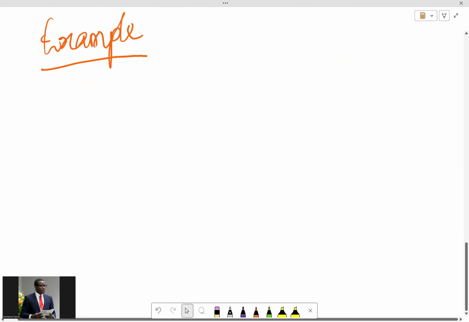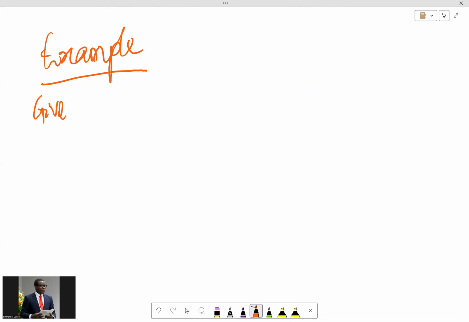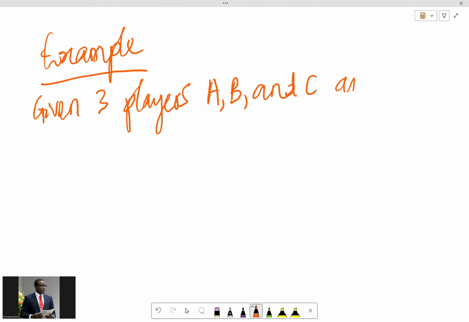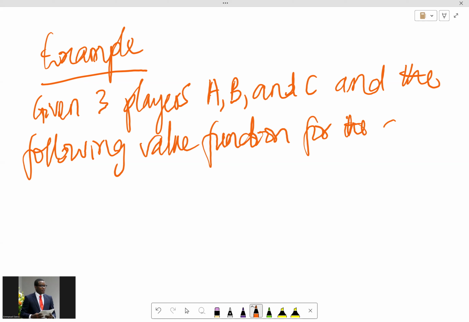Okay, so let's take an example to drive the point home. Given three players, A, B, and C, and the following value function for the game.